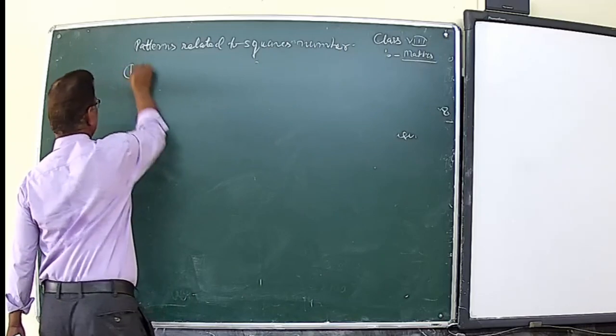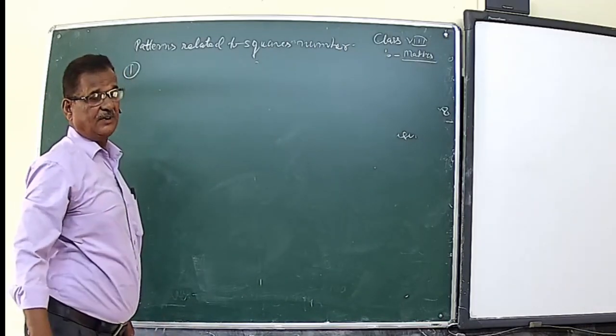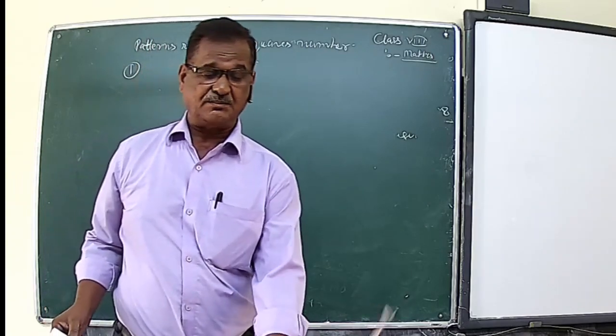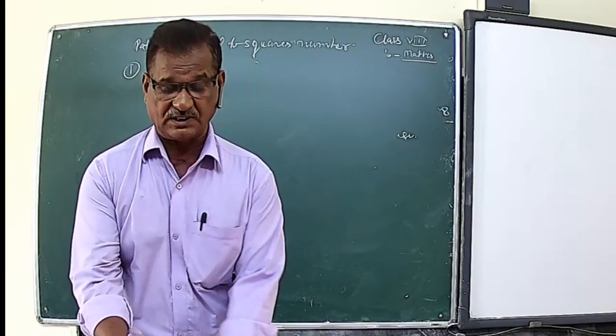First pattern: the sum of triangular numbers is always a square number. Then what is a triangular number?